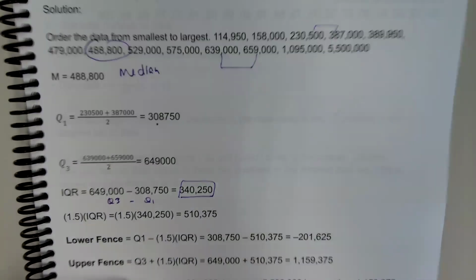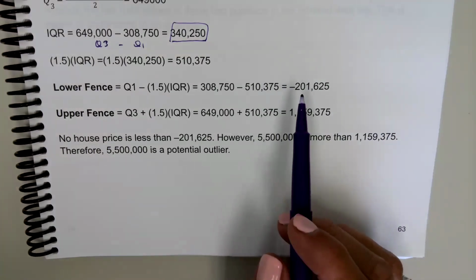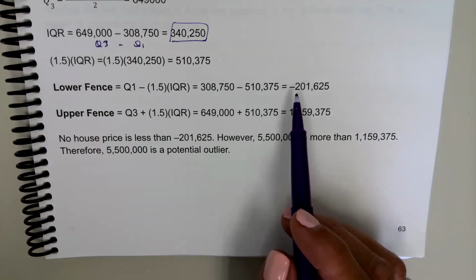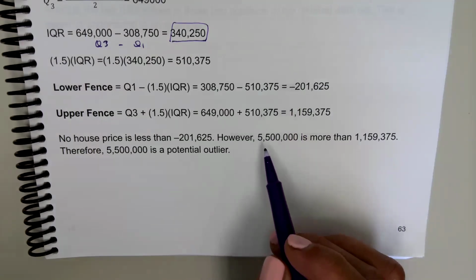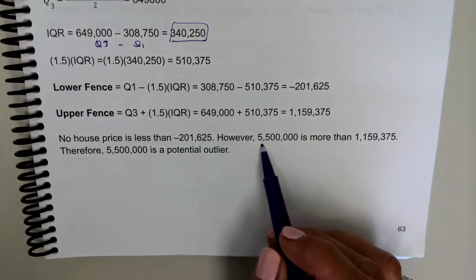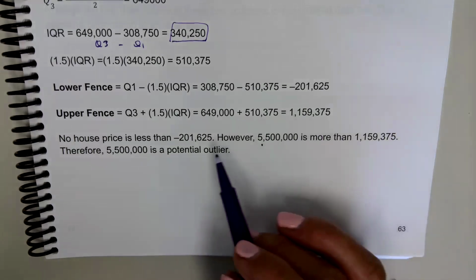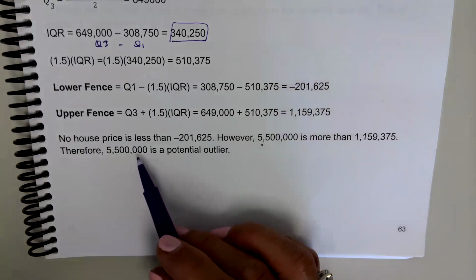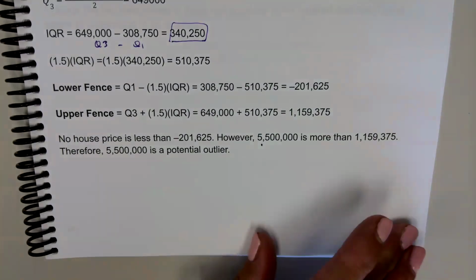So we're definitely not going to have any houses that are less than 0. So the lower fence is not going to be a likely spot to find any outliers here. However, we do have a home price that's 5.5 million, and it is more than our upper fence. And so therefore 5.5 million is a potential outlier to consider.